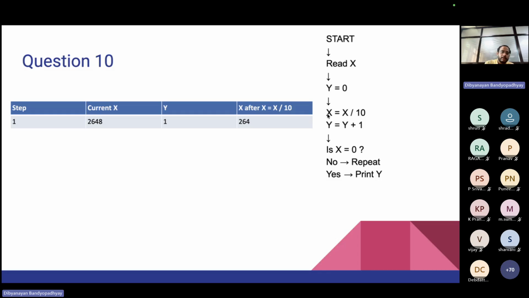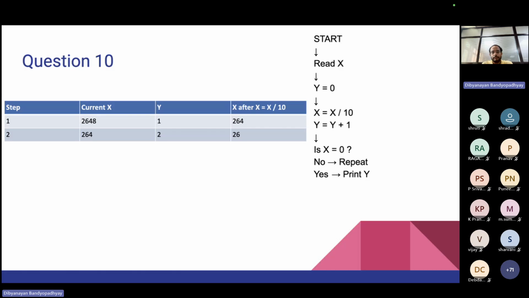If x is an integer, you don't get 264.8. The 0.8 will be cut off, removed, and only 264, the integer value of it, will be retained. So that is why only 264 is retained. After this first operation, the value of y is 1, the value of x is 264.